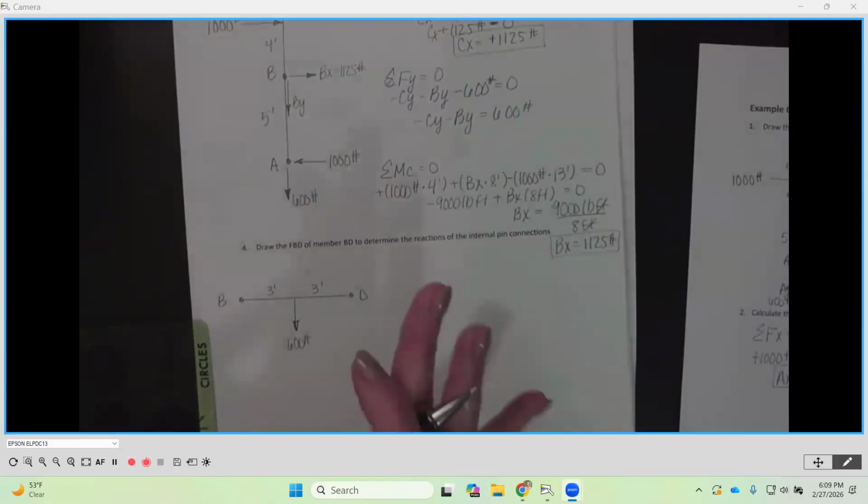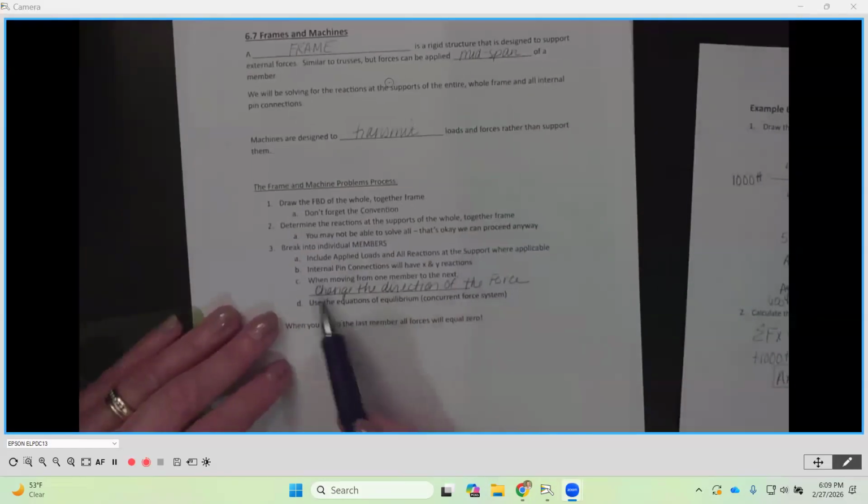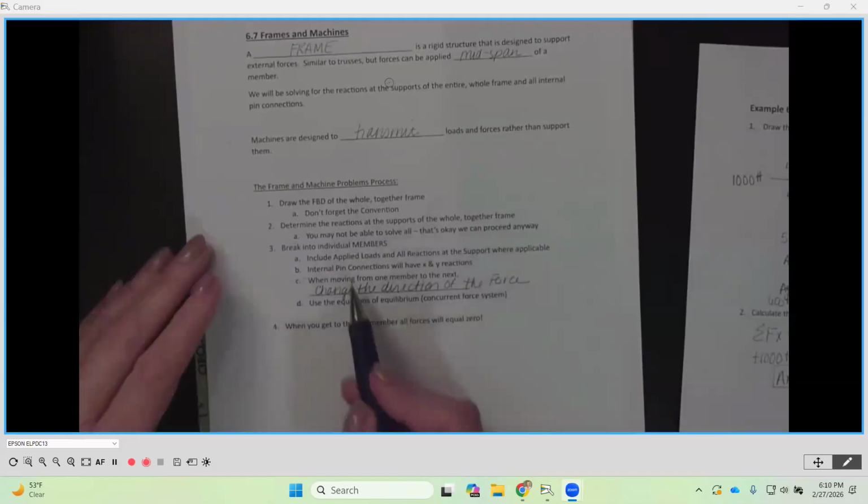Now, this is where when we have internal pins, if we go back to our first sheet here, you'll notice that in C where we added our little line here, when we move from one member to the next, we change the direction of the force. And that's going to be for those internal pin reactions.